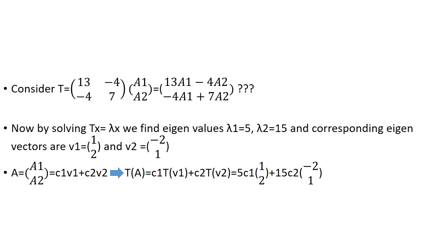So what it really does is scale the vector v1, which is 1 2, by 5 c1, and scale the vector v2, which is minus 2 1, by 15 c2.